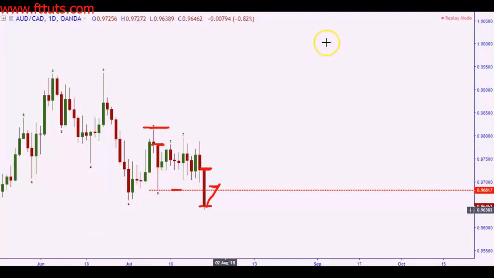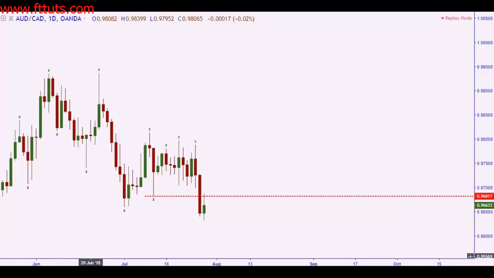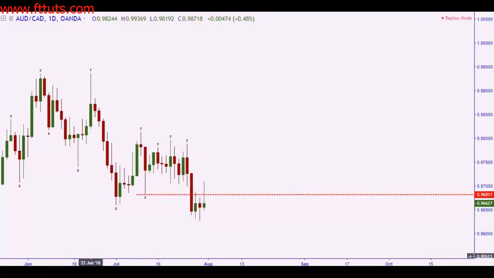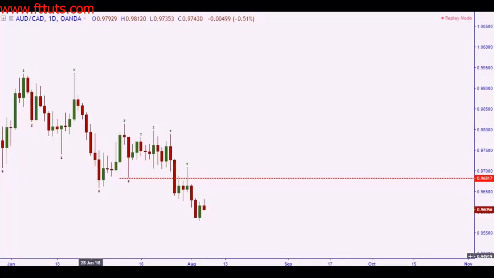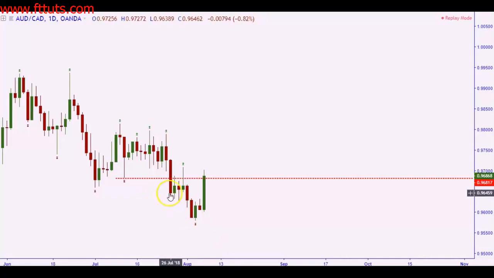So let's continue here. The market made a new fractal here. So it made a new bear fractal.